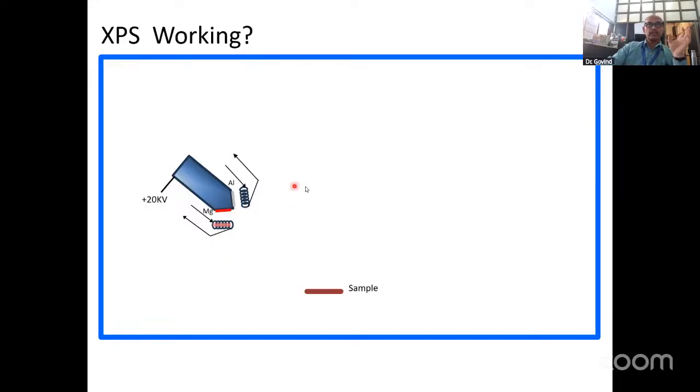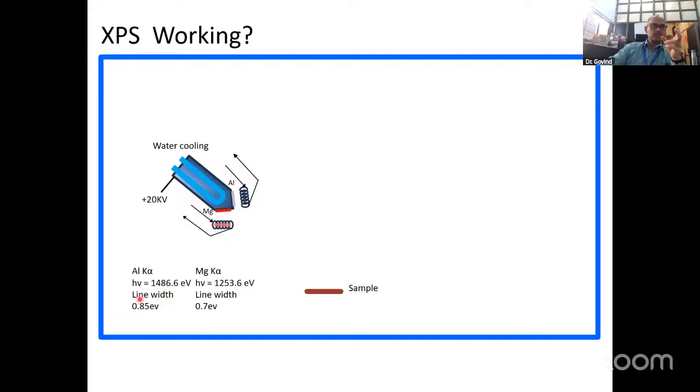Now, when we apply this much voltage, the X-ray source becomes very hot. To control it, we have to supply cooling water. So whenever you see any X-ray source, water is always supplied to reduce the heat.